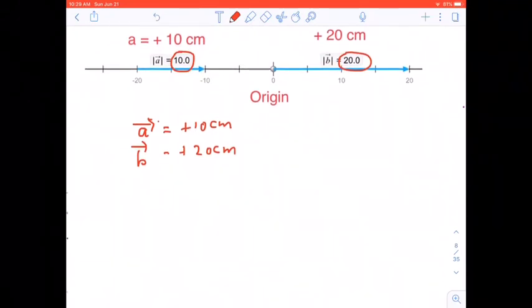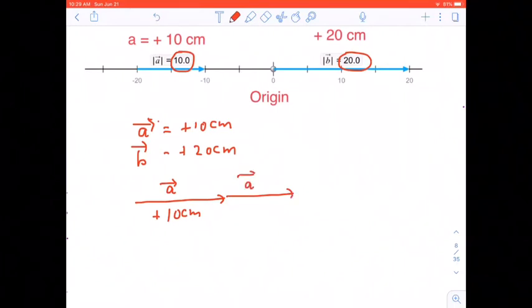And if we say we have A in that direction, and let's say that's 10 centimeters, and I add another 10 to it, and that's also plus 10 centimeters, then my resultant would be, let's say, from there to there, and that would be plus 20 centimeters.